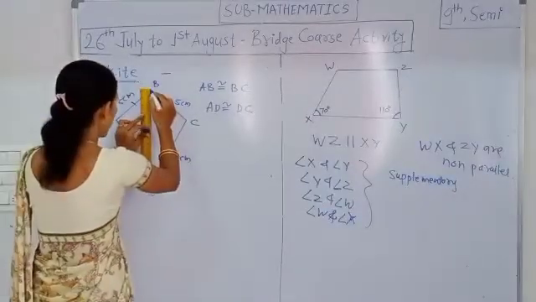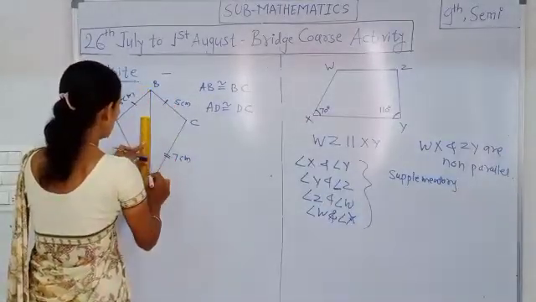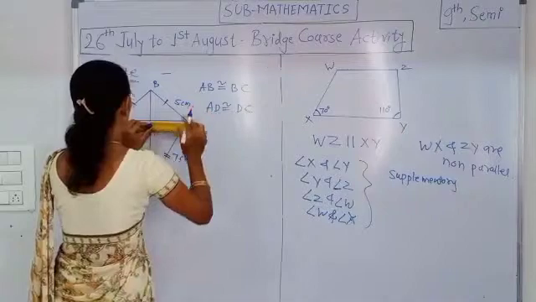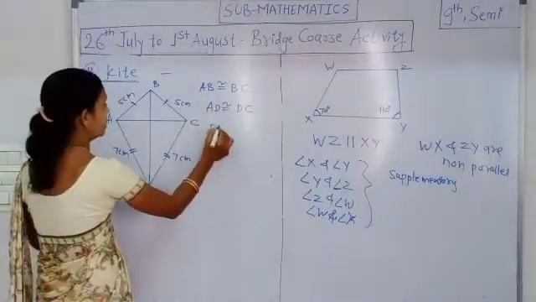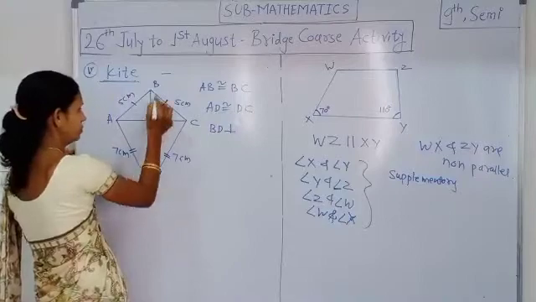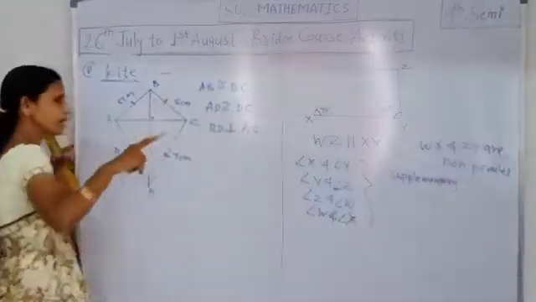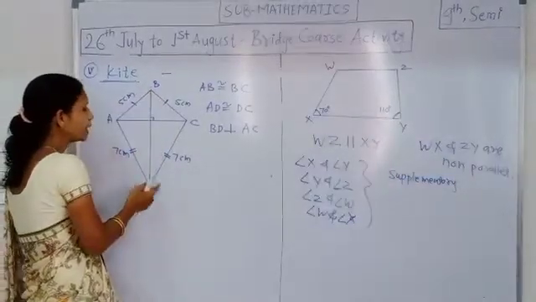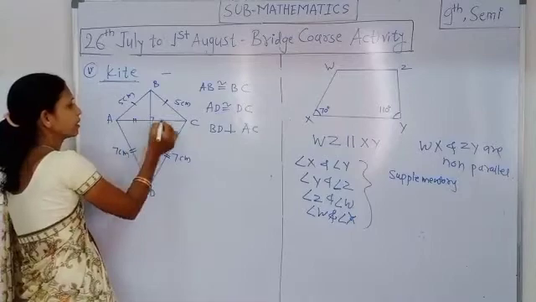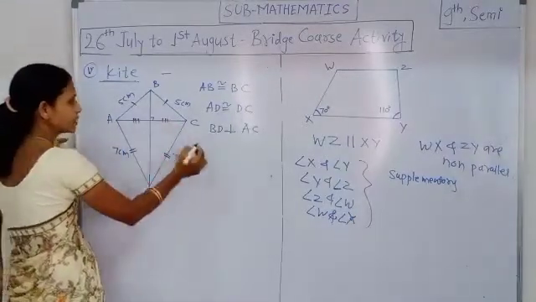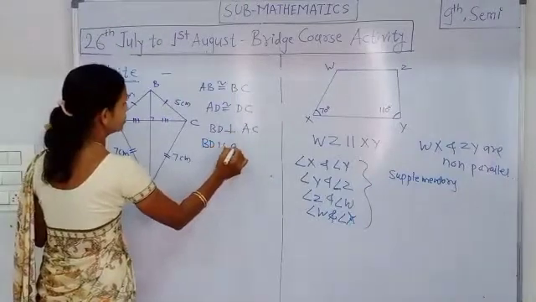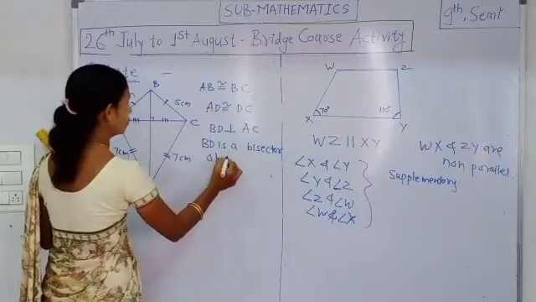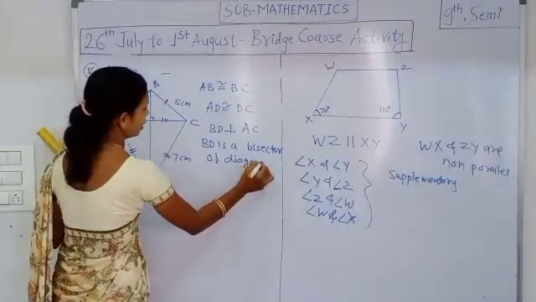The diagonals of the kite are BD and AC. BD is perpendicular to AC, that means the diagonals are perpendicular to each other, and only BD bisects AC. That means BD is a bisector of diagonal AC.